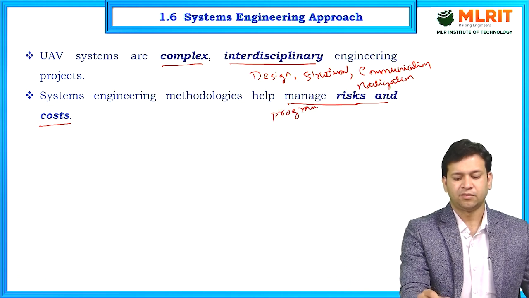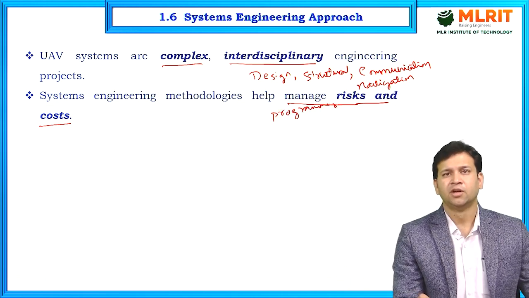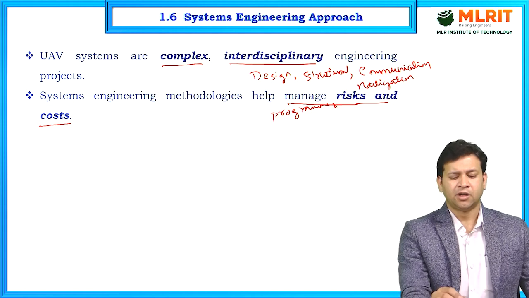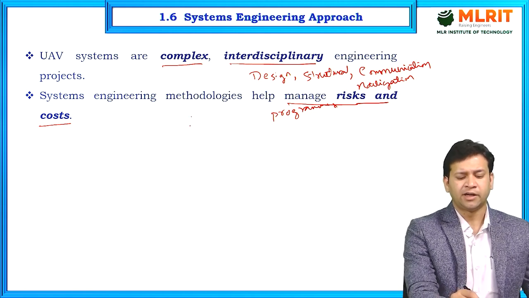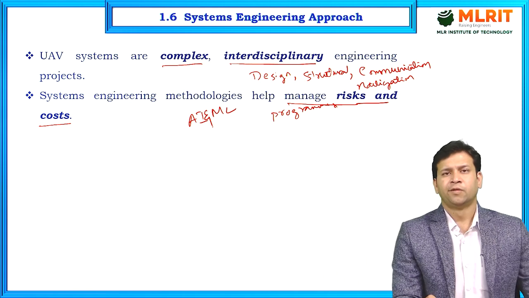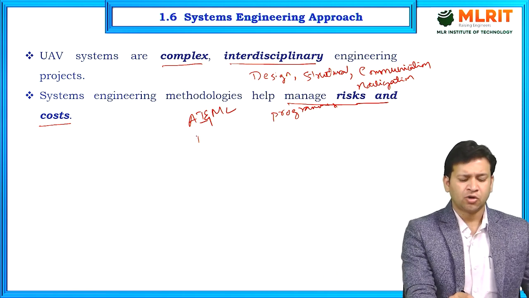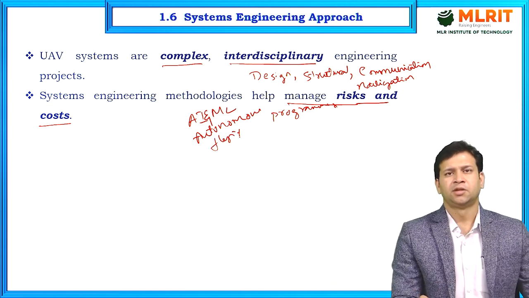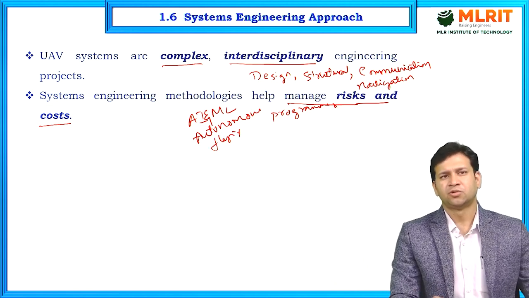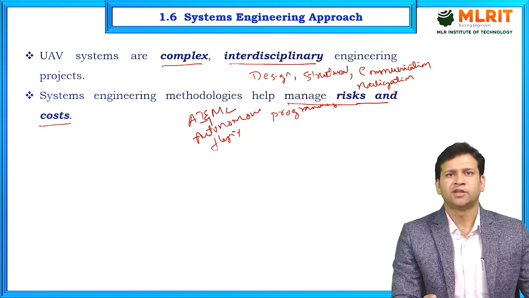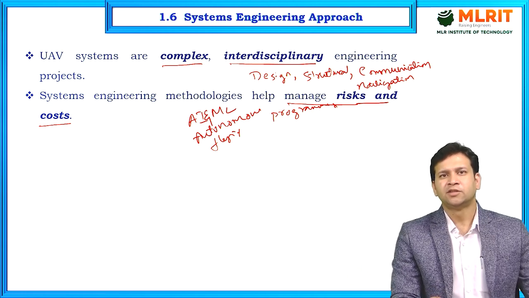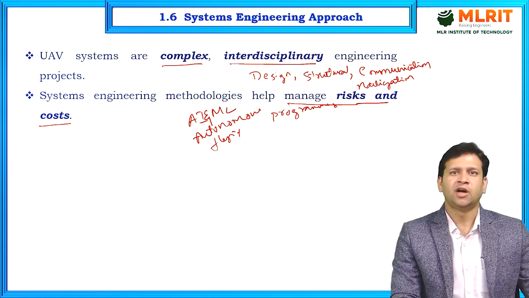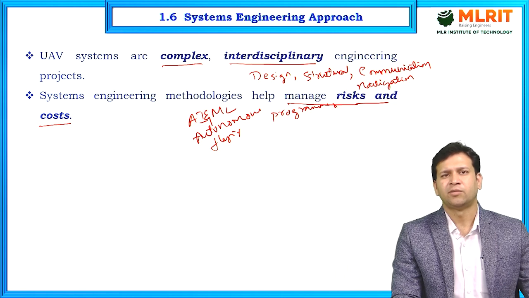Programming is done, radio programming, and even a few unmanned air vehicles are integrating the technologies of AI and ML for autonomous flying. Right. So it's an interdisciplinary domain. So multiple areas are there and multiple engineers, multiple expertise people are involved in designing an unmanned air vehicle.